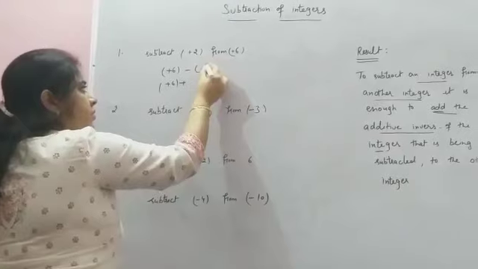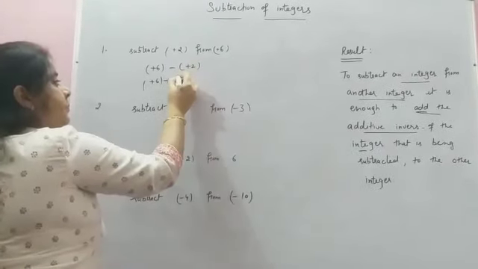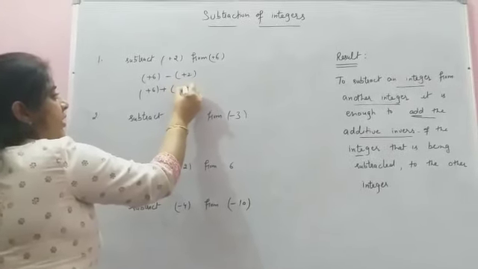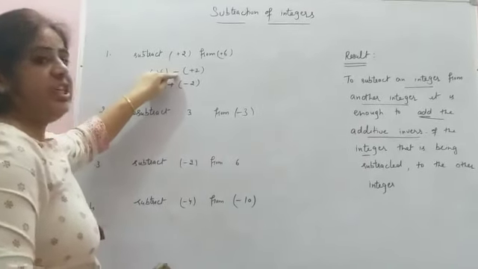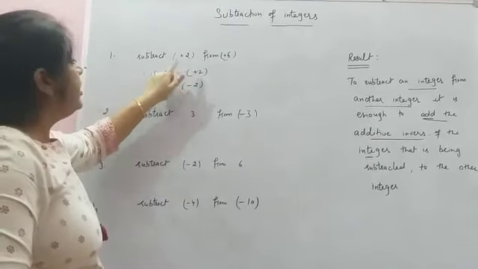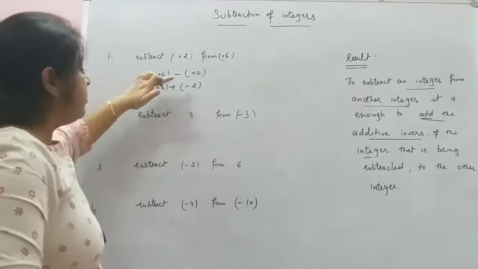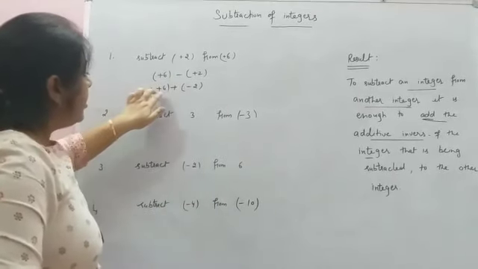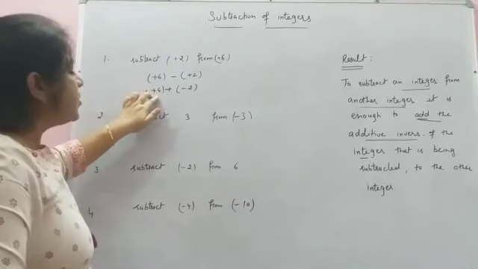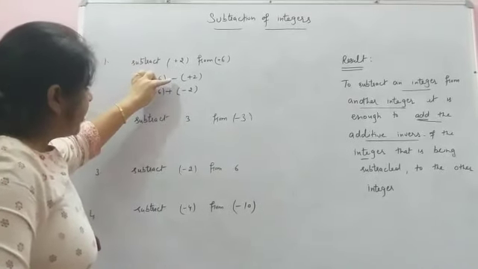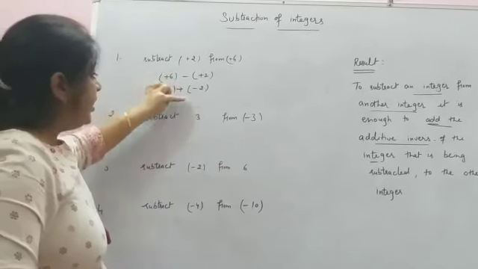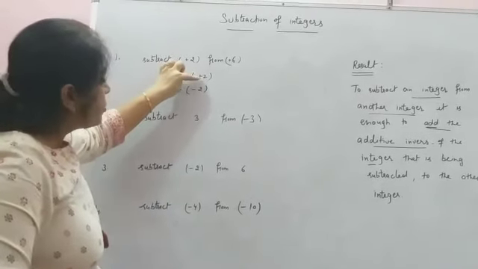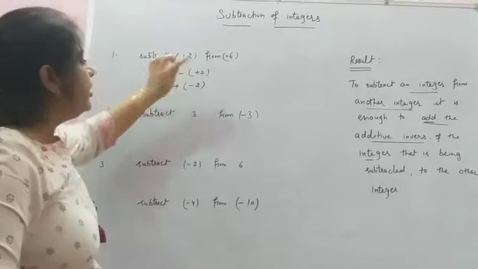What is the additive inverse of a positive number? The opposite of its sign, that is, a negative. So when we subtract a positive integer from a positive integer, we keep the first integer the same, and subtraction represents addition of the additive inverse of the second integer.